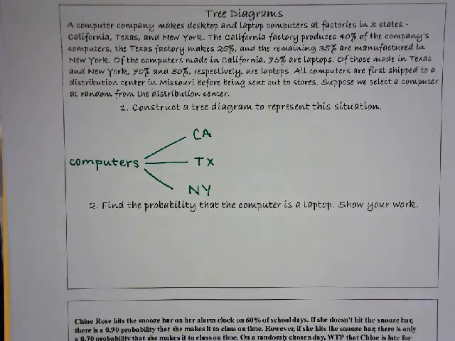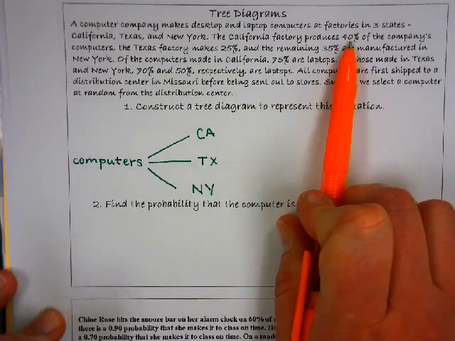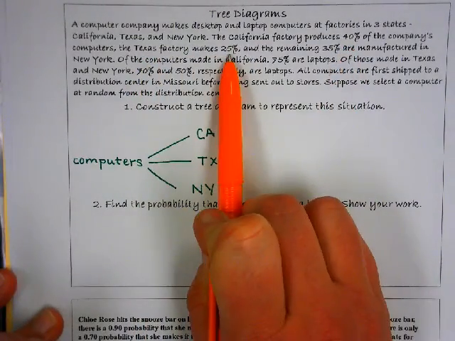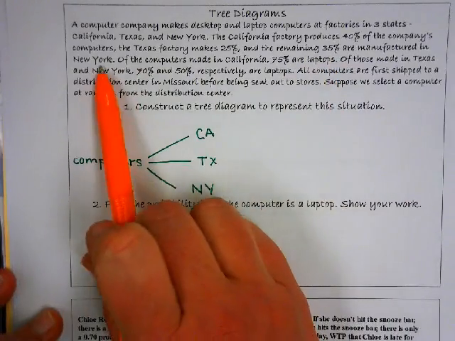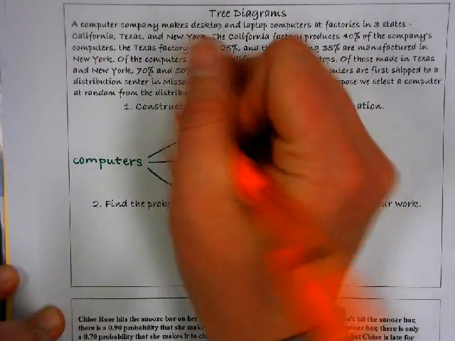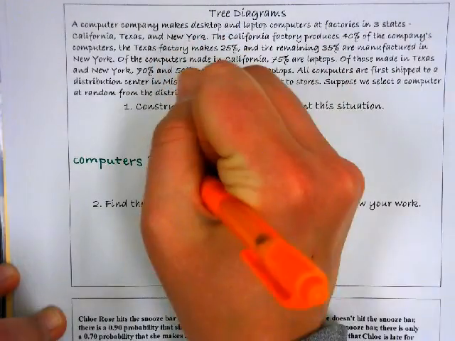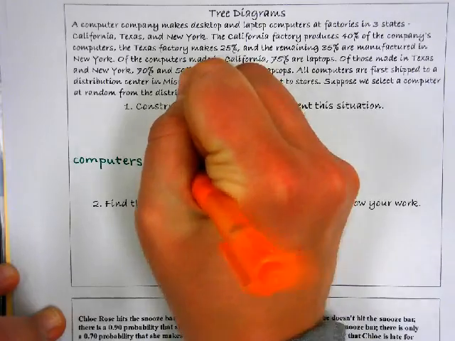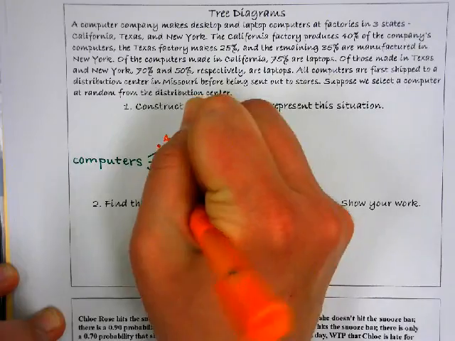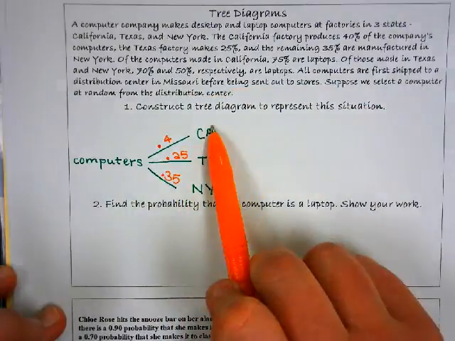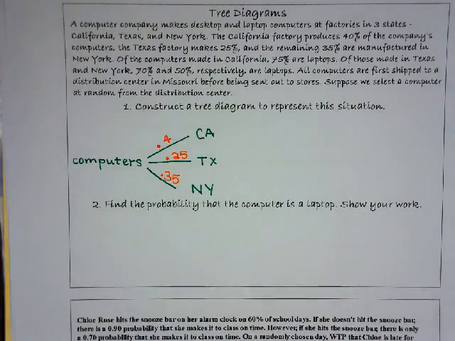It then tells us that California produces 40%, Texas makes 25%, and the remaining 35% are manufactured in New York. So on our branches, we're going to put our percents, so 0.4, 0.25, and then 0.35. So we can see 40% from California, 25% Texas, and 35% New York.